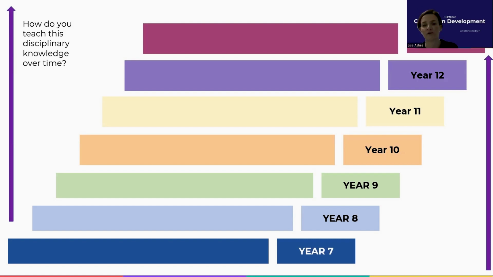Consider the knowledge required for the exam question. How might you evolve a child's disciplinary knowledge so that they're absolutely ready by the time they reach examination age to tackle those longer questions, thinking in a disciplinary way for your specific subject?